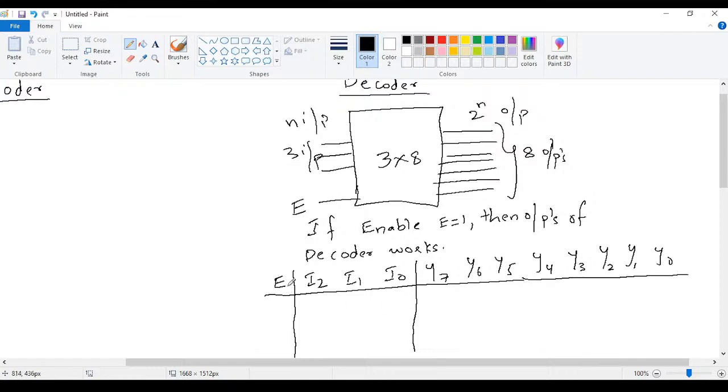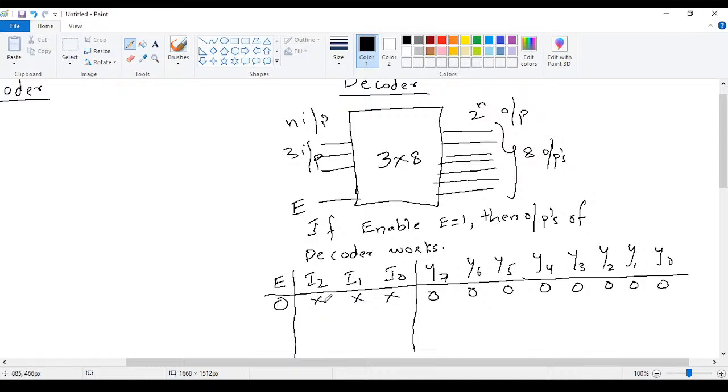If enable equal to 0, whatever input you give, it is like the power supply mains are off. Whatever switches you put, off or on, the outputs will not work, all will become 0. Yes or no? All outputs will be 0 if we do not have the main power supply.